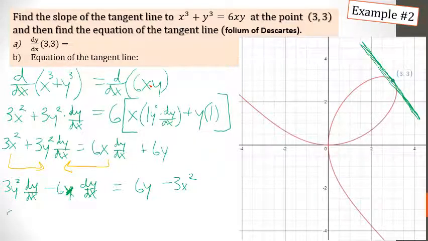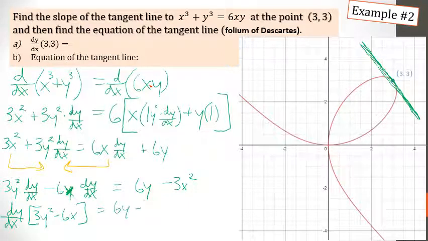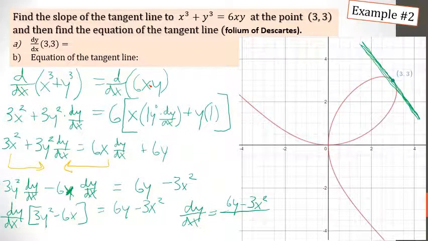So we would factor a dy/dx out, and we are left with 3y squared minus 6x equals 6y minus 3x squared. So dy/dx, when we solve it, is equal to (6y minus 3x squared) over (3y squared minus 6x).